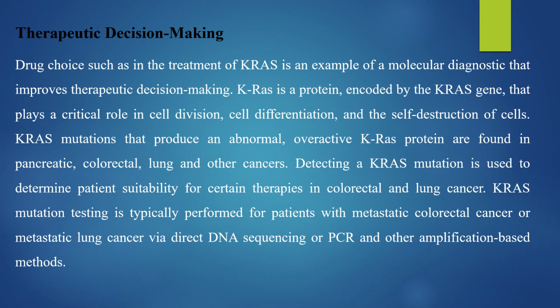KRAS mutation testing is typically performed for patients with metastatic colorectal cancer or metastatic lung cancer, via direct DNA sequencing or using PCR and other amplification-based methods. Now, when someone has a cancer and it gets to the metastatic stage, the growth is getting out of hand.